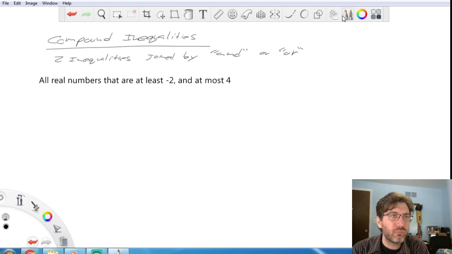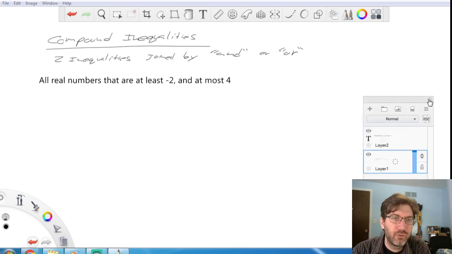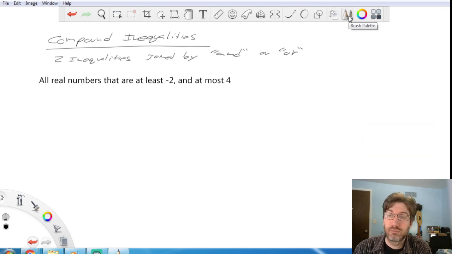So it wants me to list, really, that's what it's asking you. It wants you to identify every real number that is at least -2 and at most 4. So I want every single number that fits that criteria. So it has to be a real number, so we're not looking at imaginary numbers.